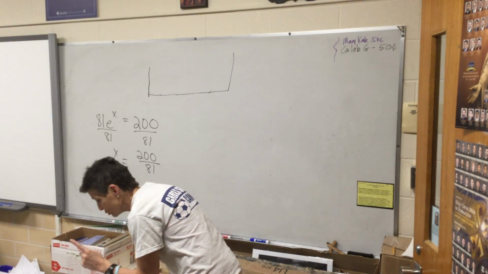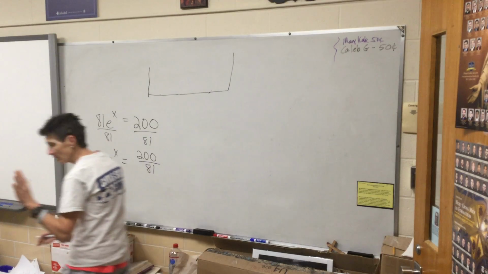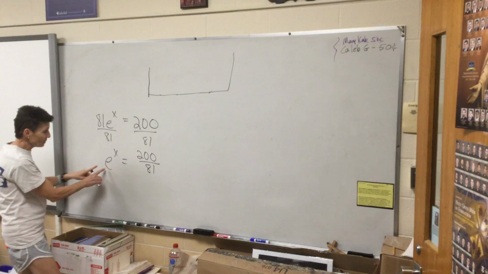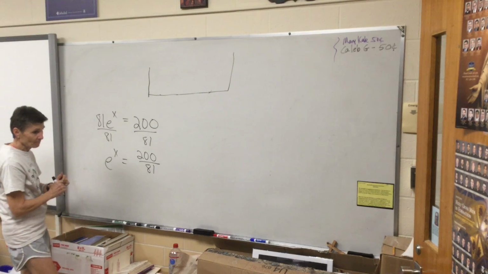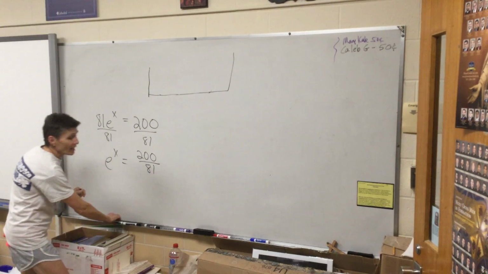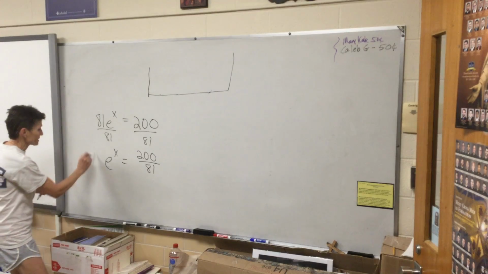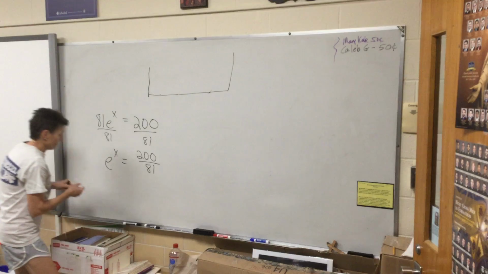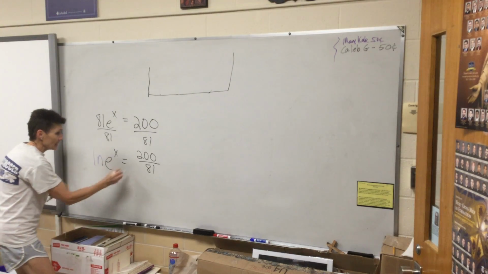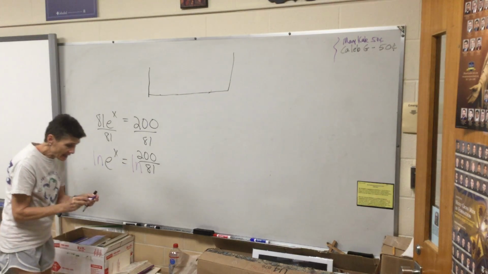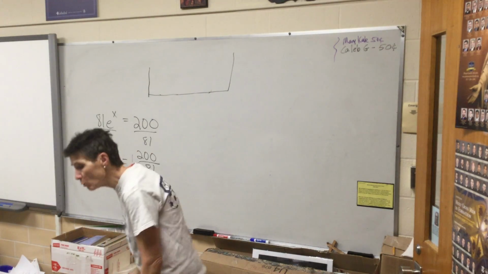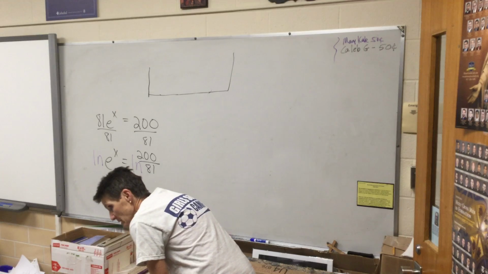But I want to remind you of something that I mentioned a long time ago. Since the problem has an e in it, instead of logging both sides, I'm going to ln both sides. Now remember, ln is a logarithm, so it's perfectly okay to ln both sides.